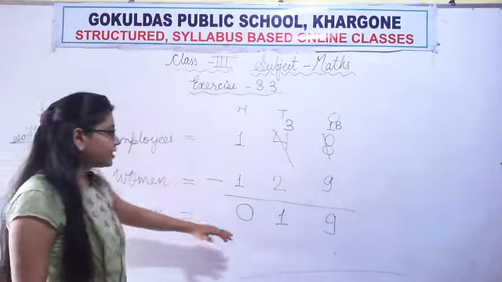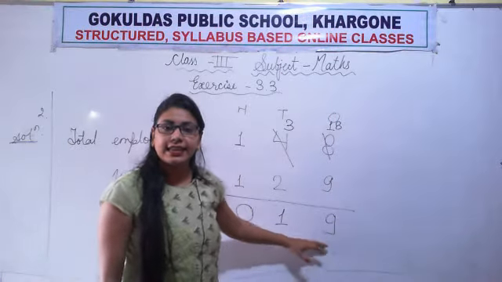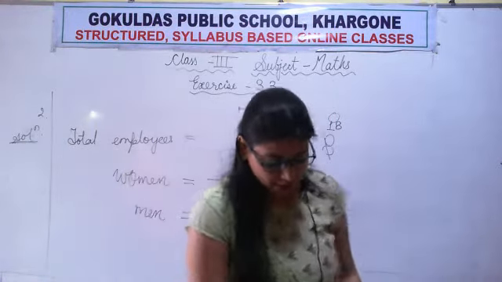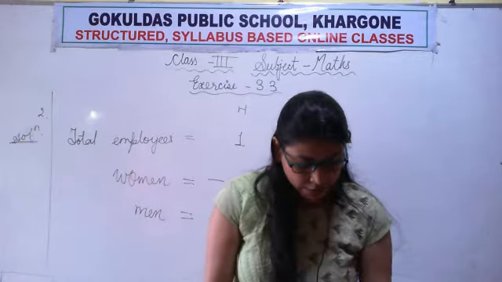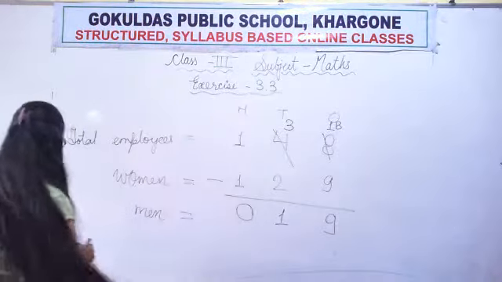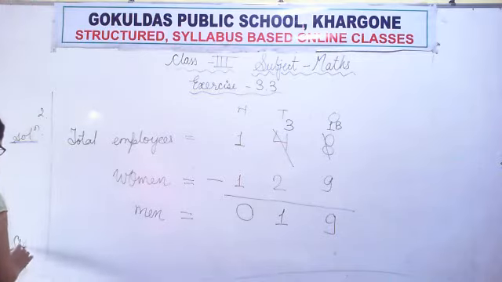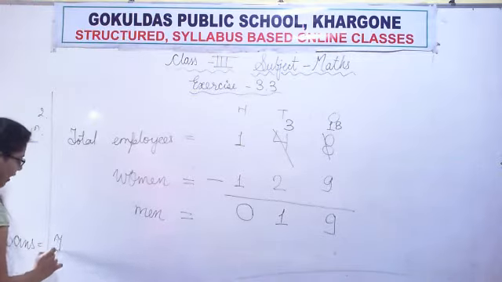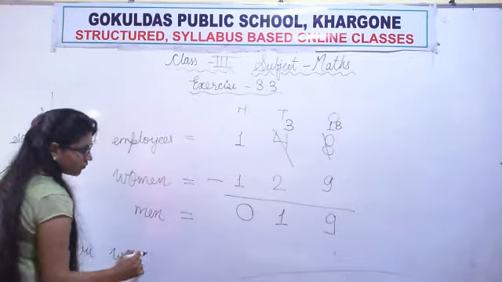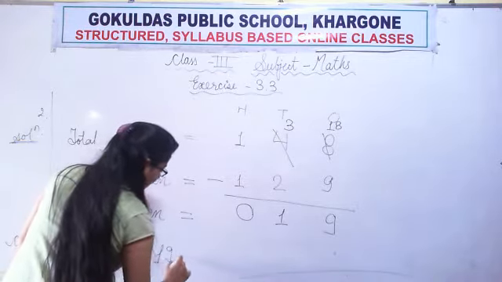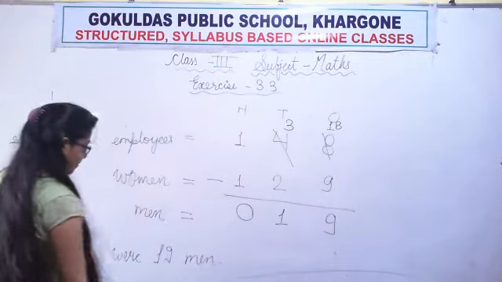So how many men are there? 19 men. So the question was asking us to find how many were men. So let's write the answer. There were 19 men.